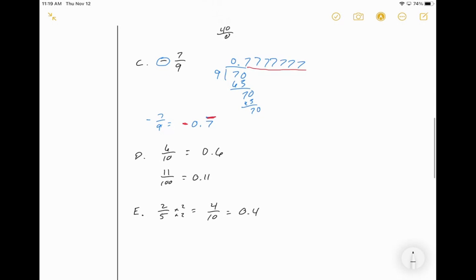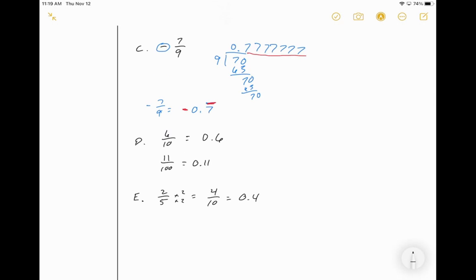So look, the same thing happens if we did, let's say, 8 out of 25. Okay. Can I change 25 into 100? Yeah. Multiply by what? 25 times what is 100?